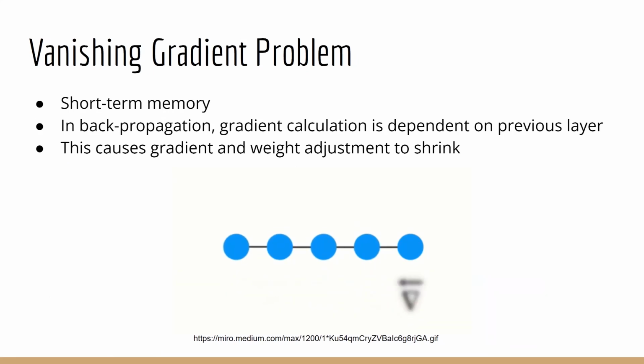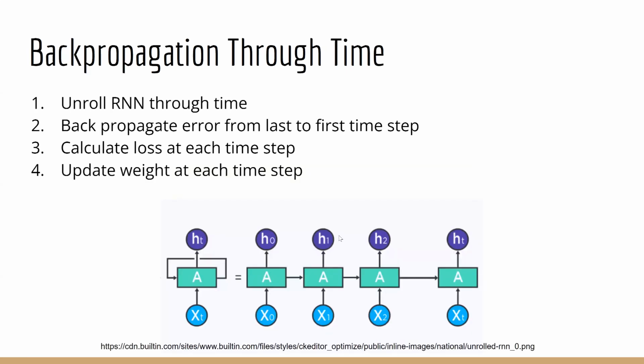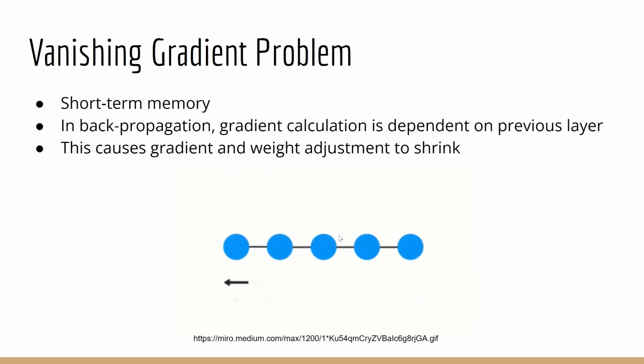Yeah, and this is also a common problem that you may encounter with RNNs. It's called the vanishing gradient problem. With this problem, you basically have a shorter memory, so you have short-term memory. In the last slide, we talked about back propagation. When it's propagating the error, the gradient is something that you calculate to optimize the weight.